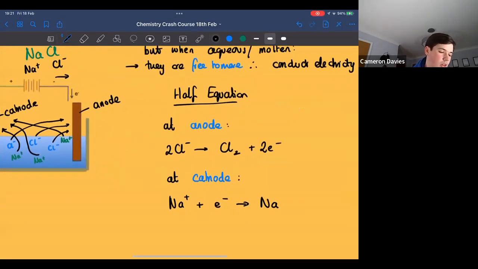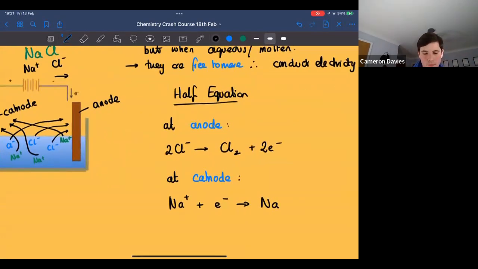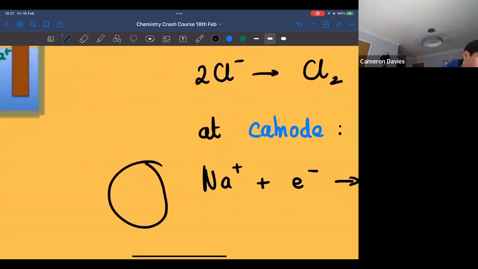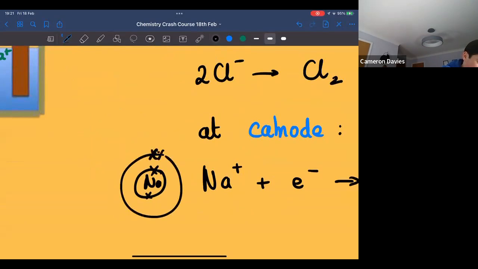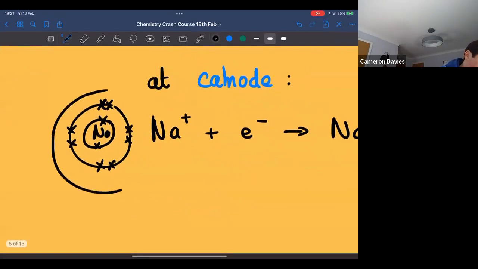That's because as an ion it's got a full outer shell, but we need to add an electron now so that we can get sodium as an element. So we just gain that extra electron here.